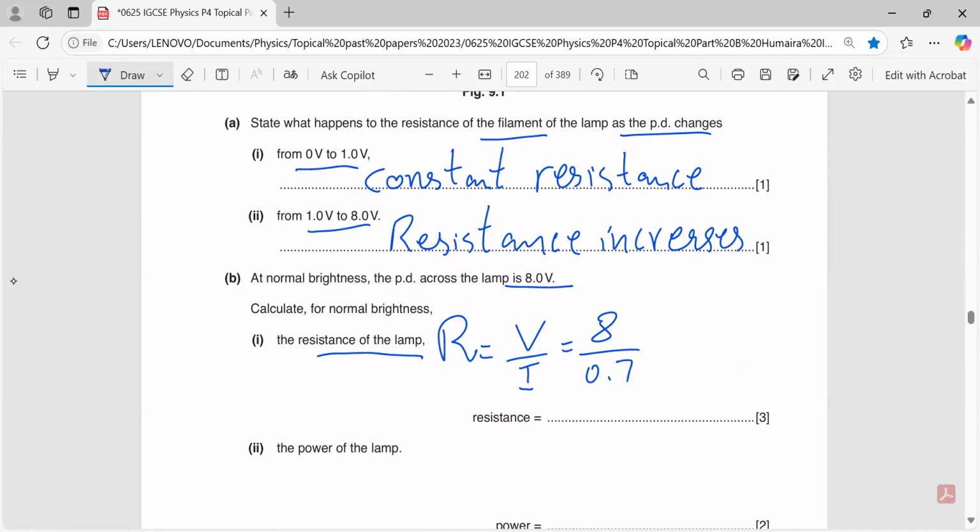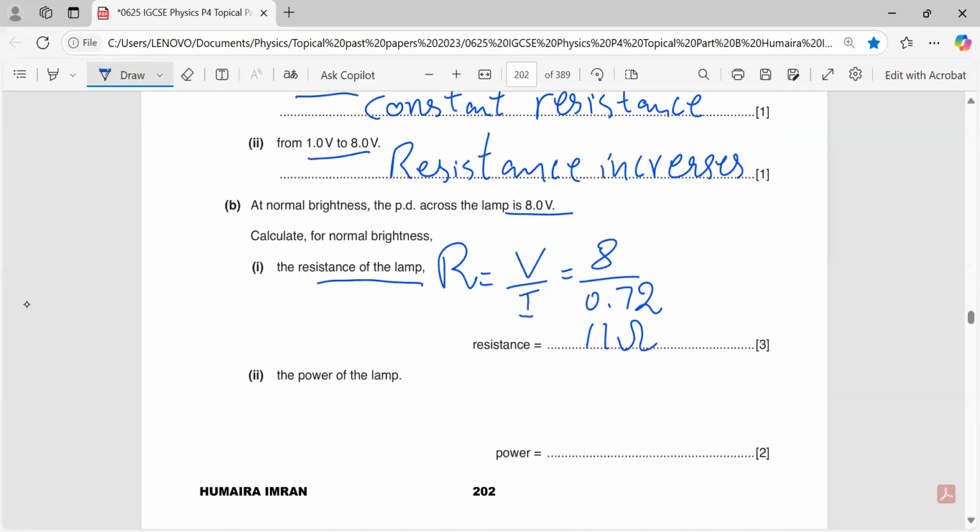So when you divide 8 by 0.72, your answer will be approximately 11 ohm, or maybe you will get 10 point something. So you write 11 ohms for it. You also need to calculate the power of the lamp.